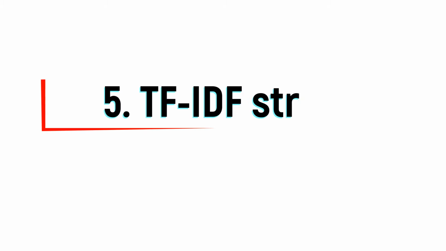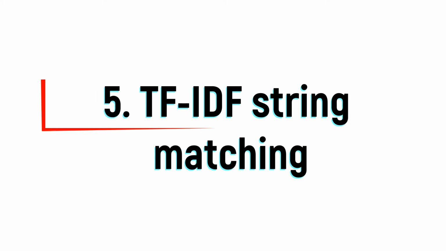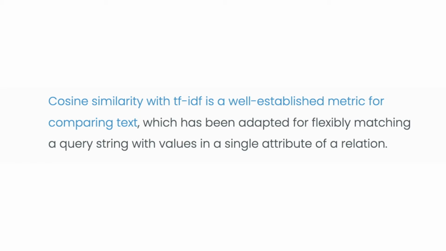Finally, before we move into the practical part, we are going to talk about TF-IDF string matching. Cosine similarity with TF-IDF is a well-established metric for comparing text, and it has been adapted for flexibly matching a query string with values of a single attribute of a relation.